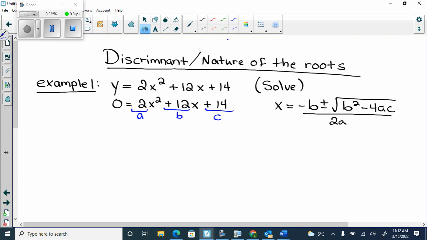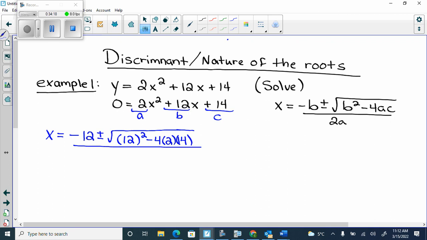Right? Okay. So we're going to get x equals minus b. b is 12. Plus or minus the square root of b, which is 12 squared, minus 4 times 2 times 14, all over the entire numerator, 2 times a, which is 2.